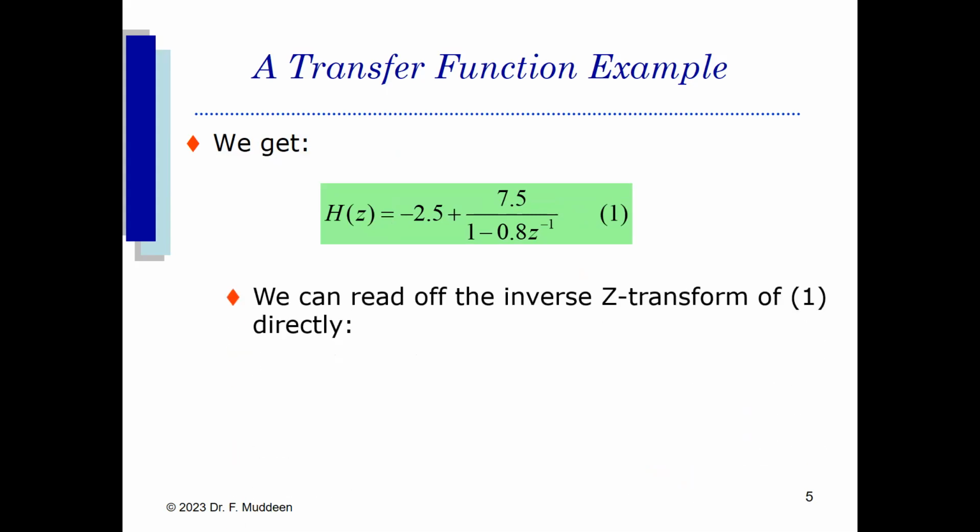And then you could read off the Z transform of that, or you can go to the tables. If you do that, the inverse transform, h[n], is minus 2.5 delta[n]. This is a plain number, which gives you an impulse. And then this is 7.5 times 0.8 to the power n.